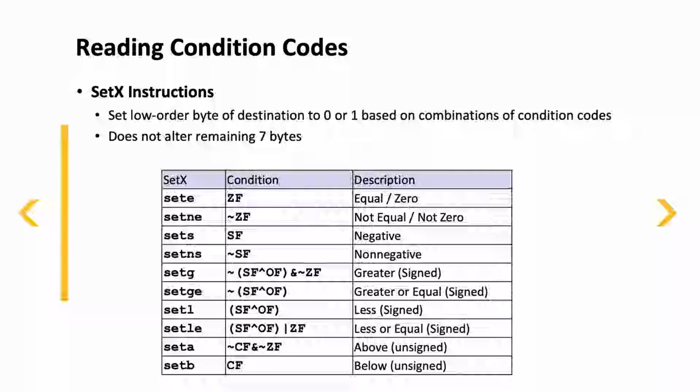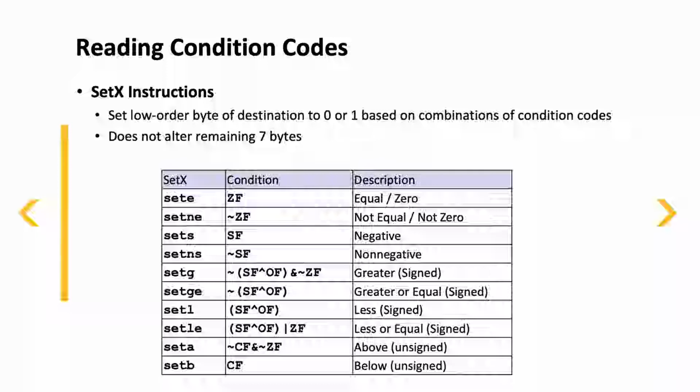They tend to be some sort of comparison. So we can use the set instruction to access our condition codes, and the way that the set instruction does that is by setting the low order byte of whatever destination register I give it to either 0 or 1 based on the combinations of condition codes.